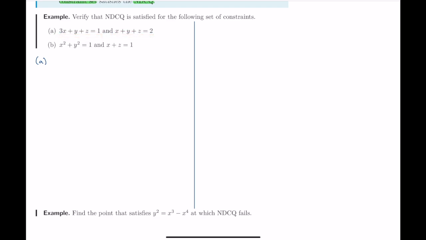And then how do we determine whether an optimization problem or a constraint set satisfies the NDCQ? We just need to make sure that every point satisfying the constraints satisfies the NDCQ. So let P equal (x, y, z) be a point that satisfies the constraints.